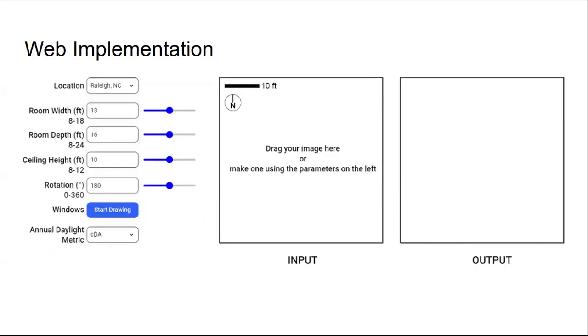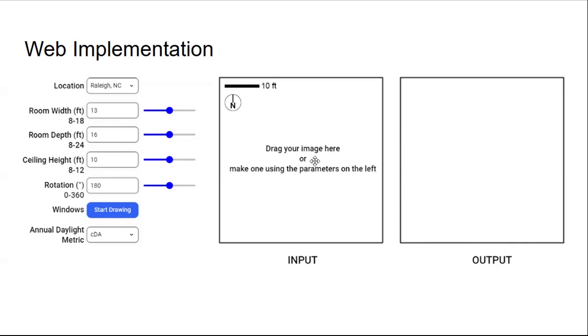Implementing a user interface based on these trained models is a logical next step to bring this technology into widespread use. As shown in this slide, this interface consists of three sections. On the left is the parameter input section, where users can choose from drop-downs, scroll bars, etc., to set up inputs that generate the space for the annual daylight simulation.